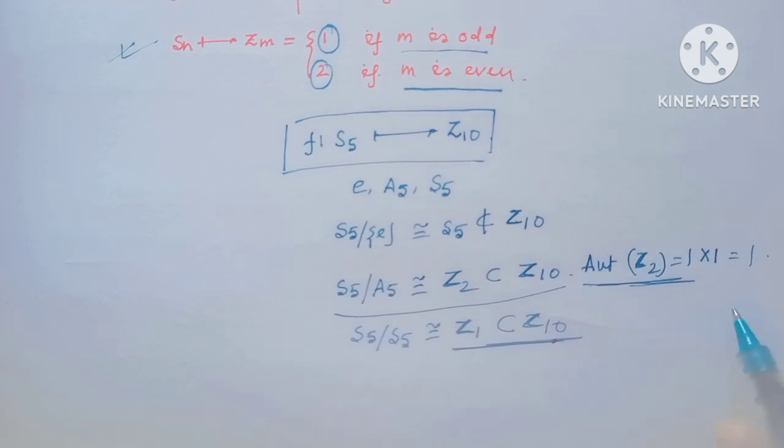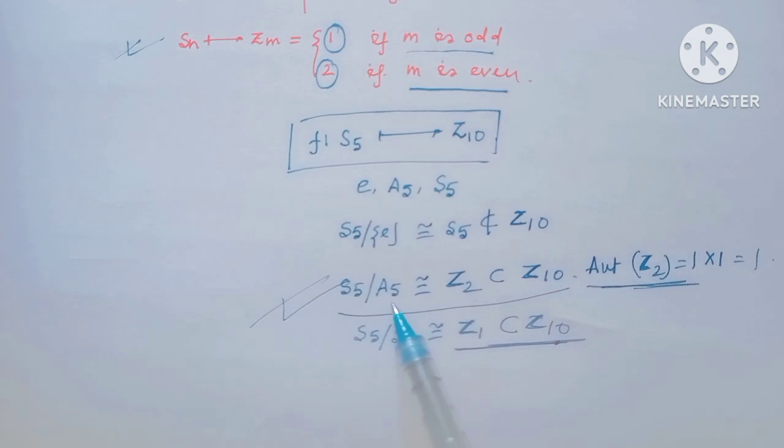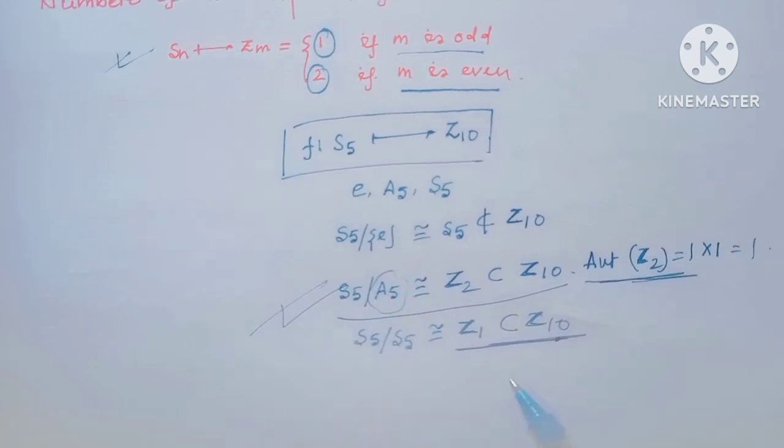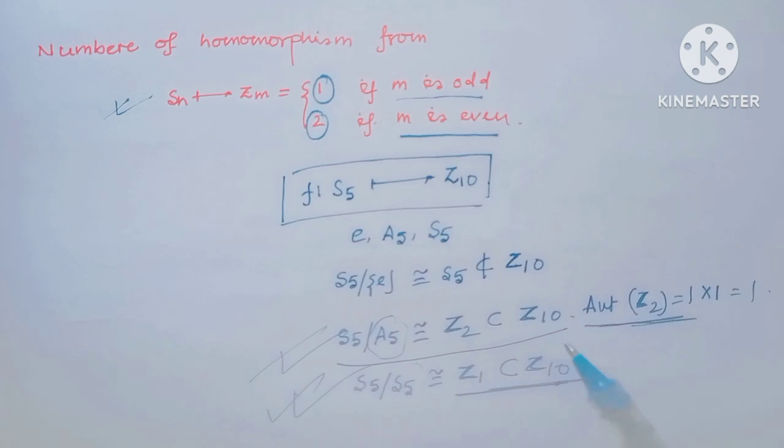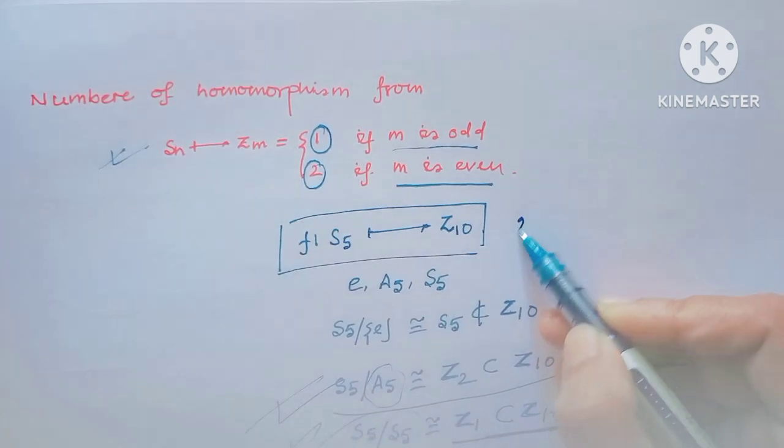So there exist 2 types of homomorphism. One for the normal subgroup A5, and when the normal subgroup is S5, this is the trivial homomorphism. So the number of homomorphisms is 2.